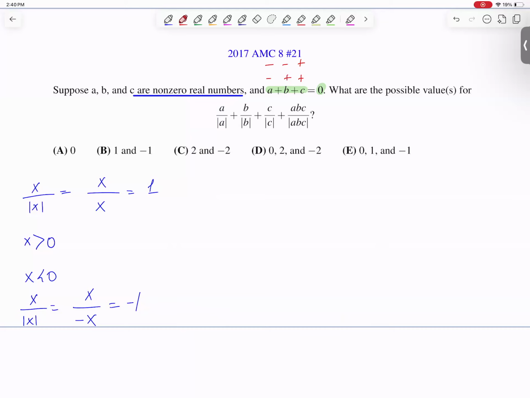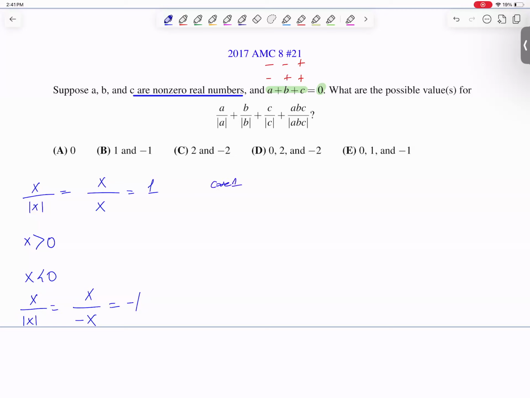They can't all be positive, because then the sum would be positive, and they can't all be negative, because then the sum would be negative. So either one of the numbers is negative and two are positive, or two numbers are negative and one is positive. Let's see case 1.